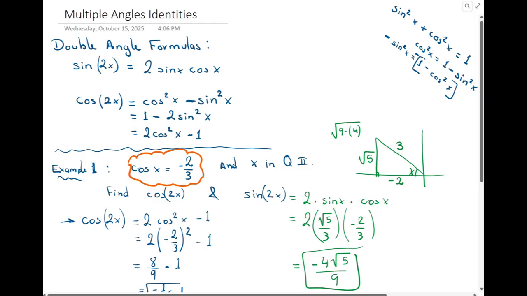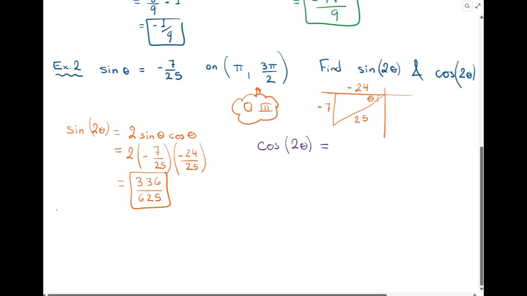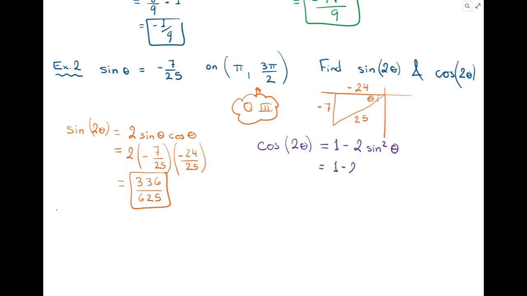So 1 minus 2 sine squared is what I'm going to go with. And that will be 1 minus 2 times, I know the sine to be negative 7 over 25. And sine is squared, so I need to square that. And then when I simplify that, that gives me 527 over 625.